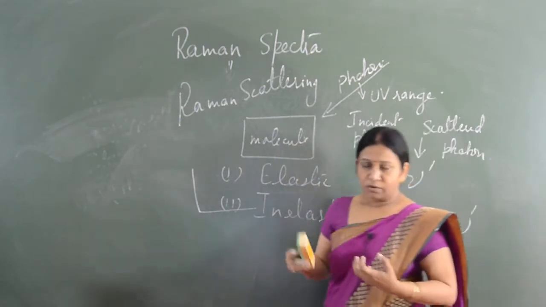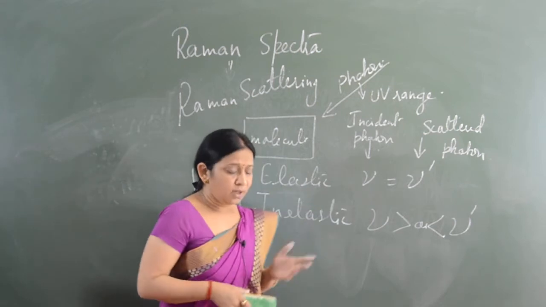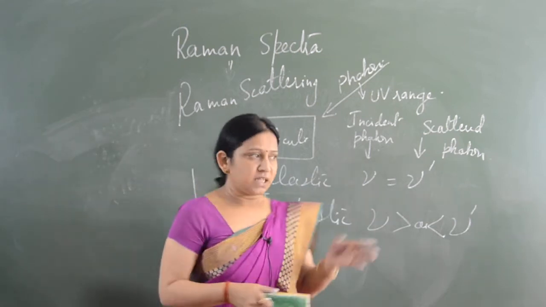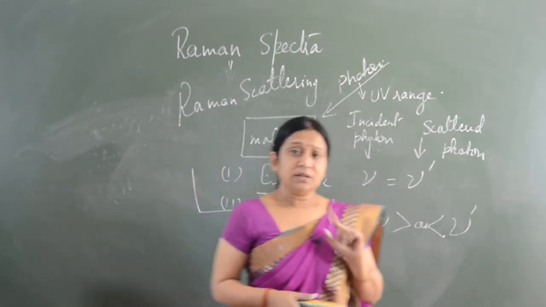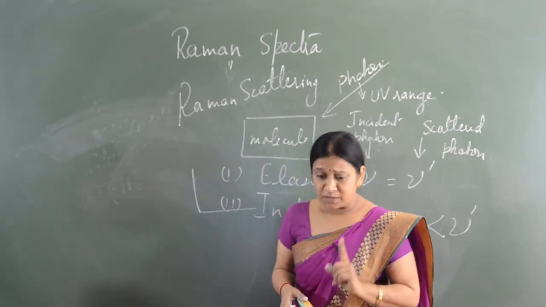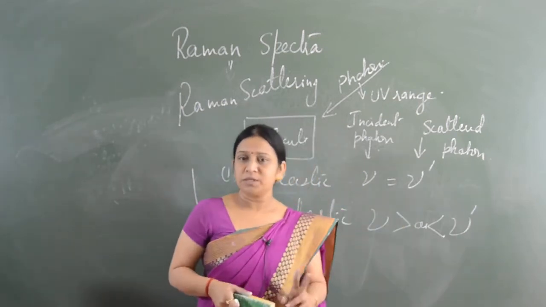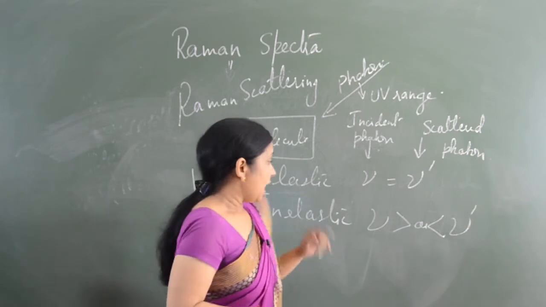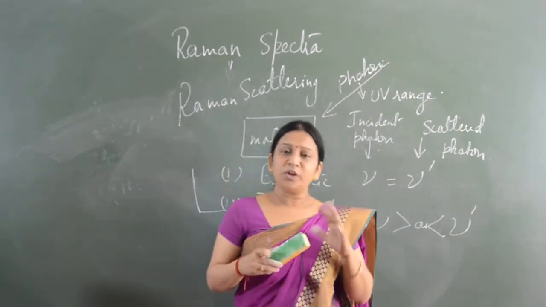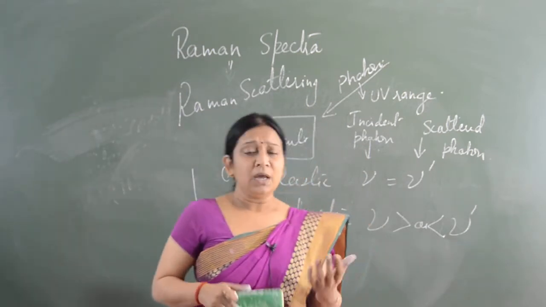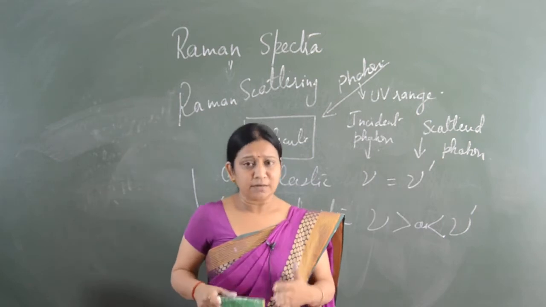So when a photon of some energy or some frequency falls on a molecule, we can have two types of collision. Either the collision is elastic or the collision is inelastic. When we say the collision is elastic, that means the frequency of the incident photon is equal to the frequency of the scattered photon. And if the collision is inelastic, the frequency of the incident photon is either greater than or less than the frequency of the scattered photon.